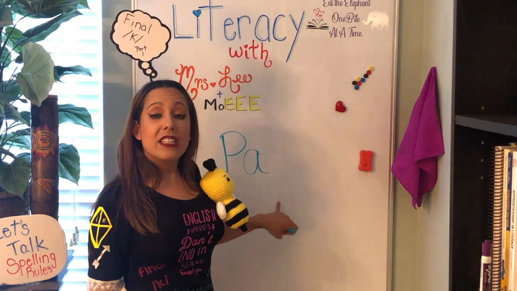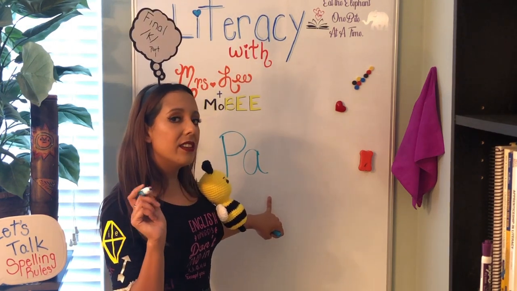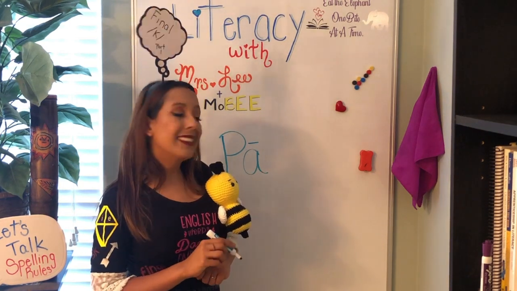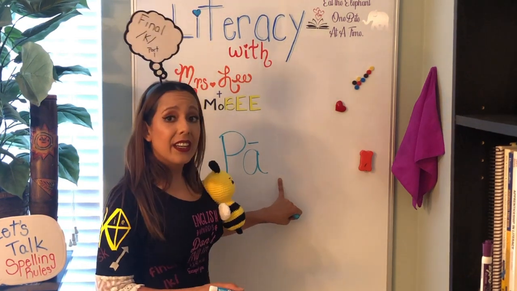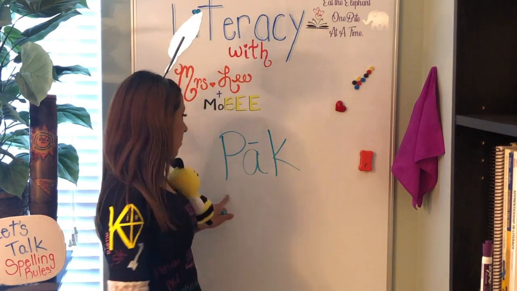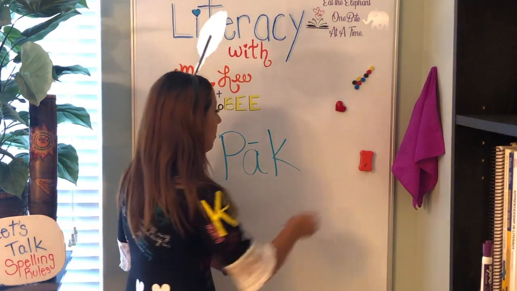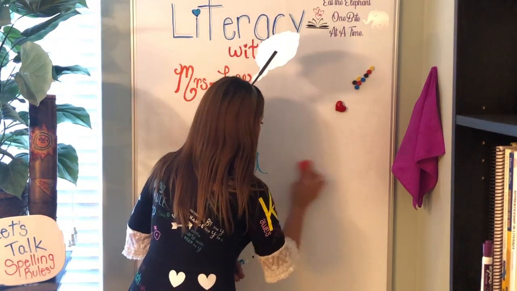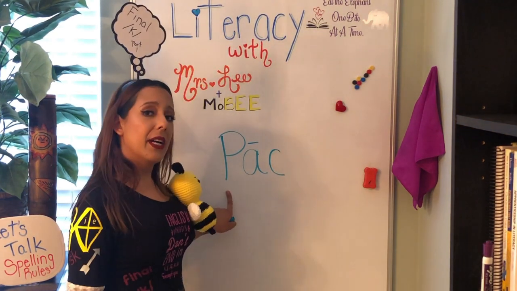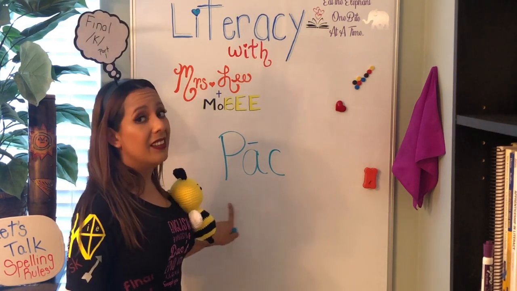A, it is a long vowel, so I'm going to add that. You remember what it's called? Macron. A, yes.